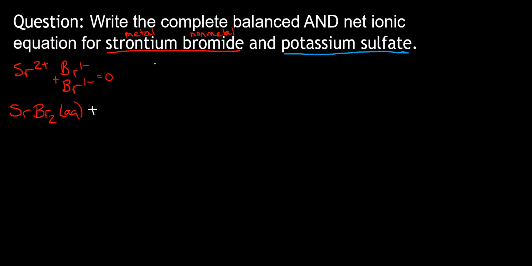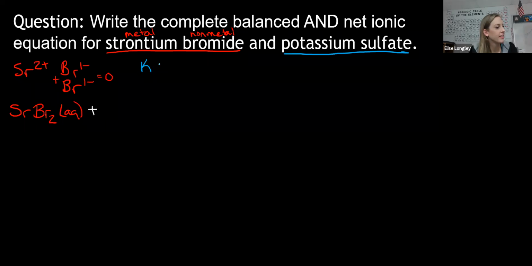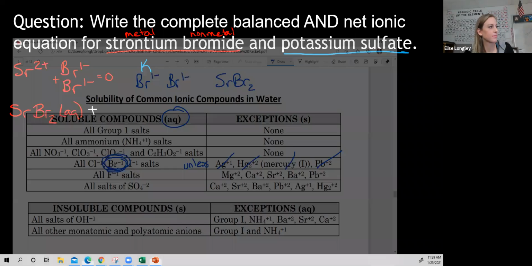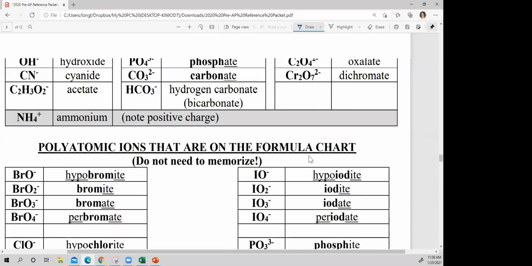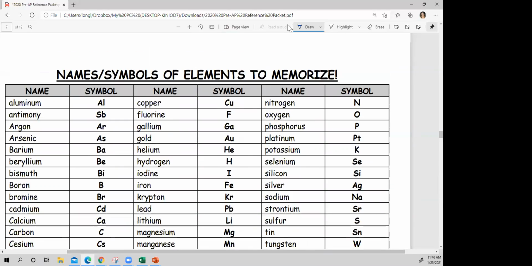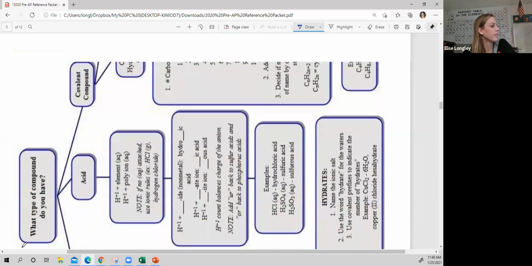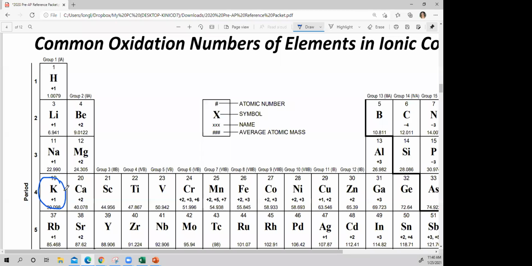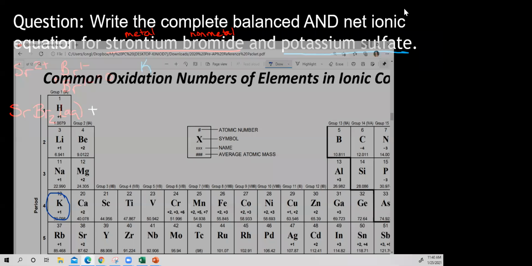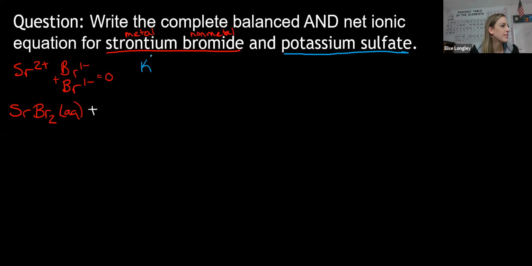K. Yes, and what charge is going to be on that K? Scrolling, flipping. Here we go, right here. +1. Yes, +1. It's also in group 1. We know it's 1 plus. Yep, you're good. You're fine.